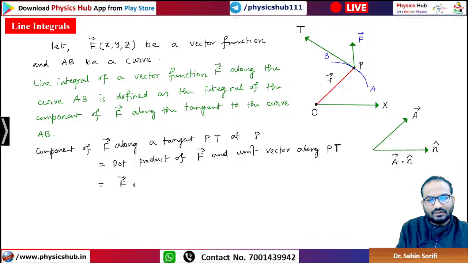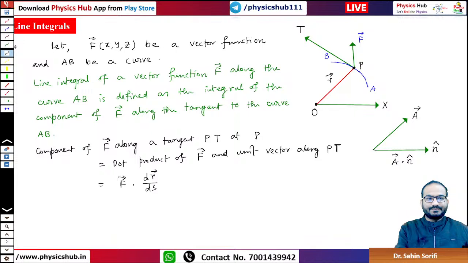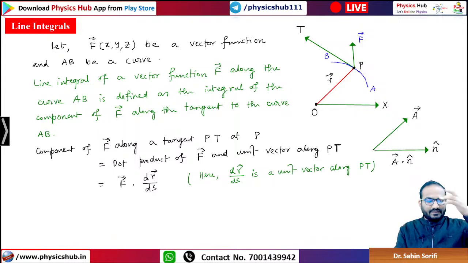F dot, what is the unit vector along PT? That is given by dr by ds. What is this dr by ds? Dr by ds is the unit vector along the tangent PT.